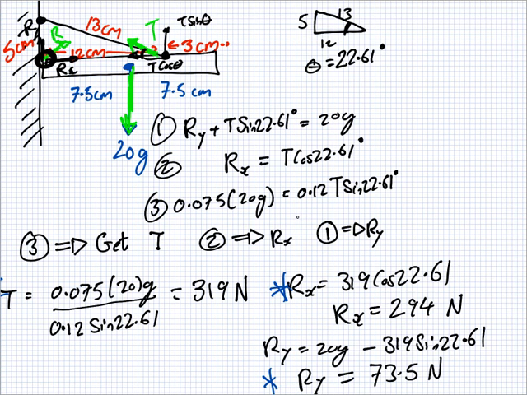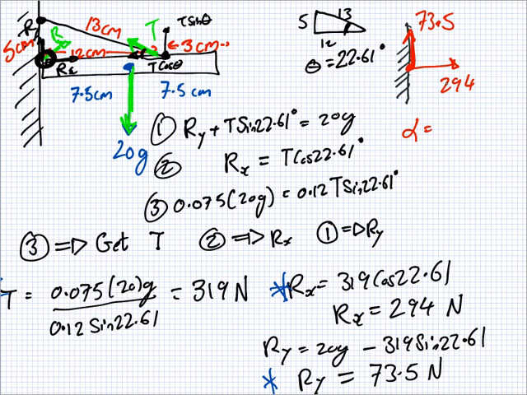Yeah? So, my question was, what is the magnitude and direction? So I can answer it now. Here's the wall, and we know that there's a force Rx of 294, and there's a force Ry of 73.5. So how do we get the direction here? It's tan inverse that over that.